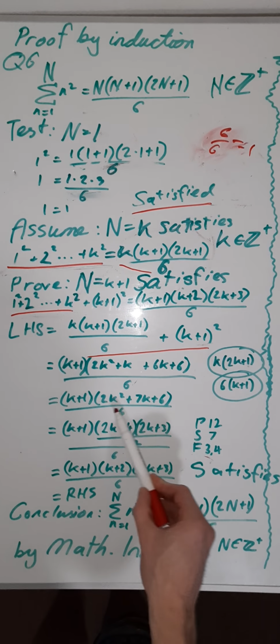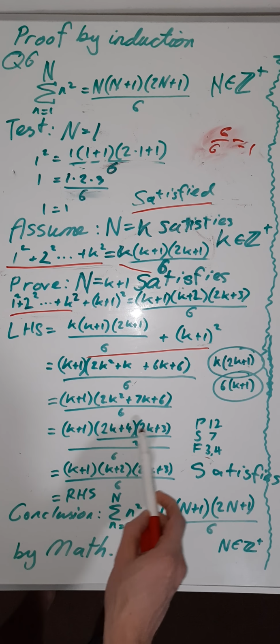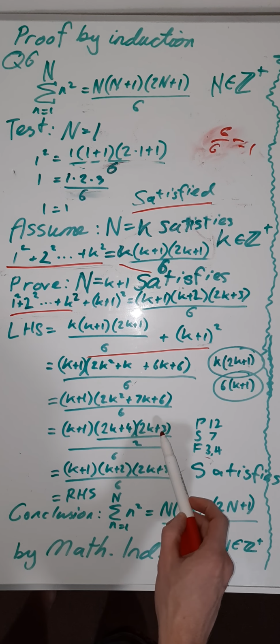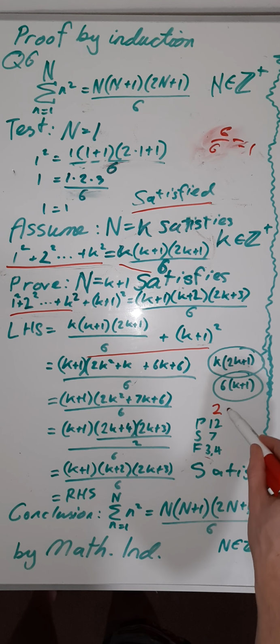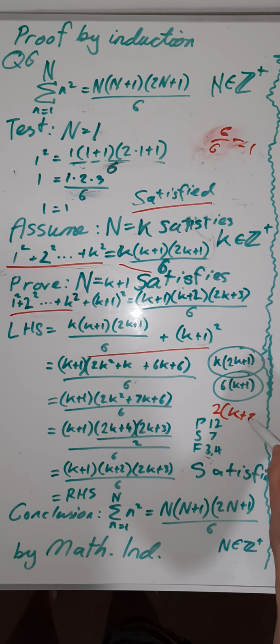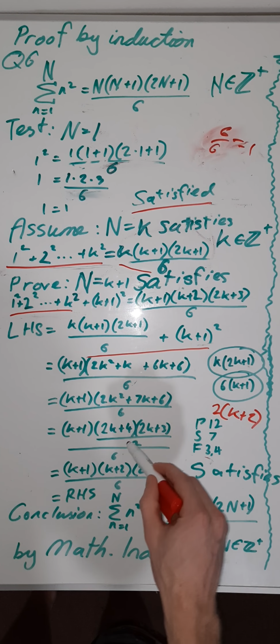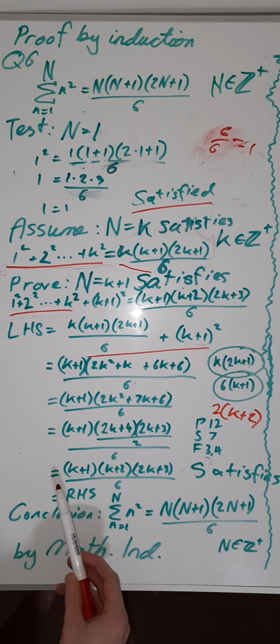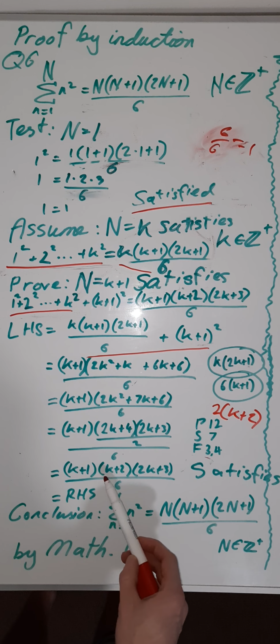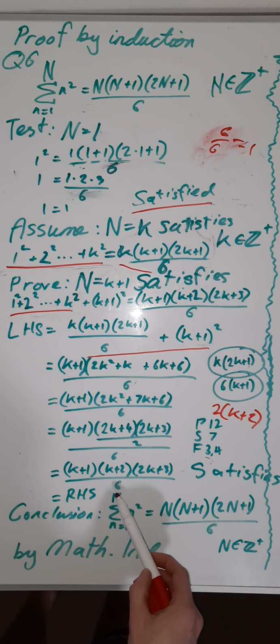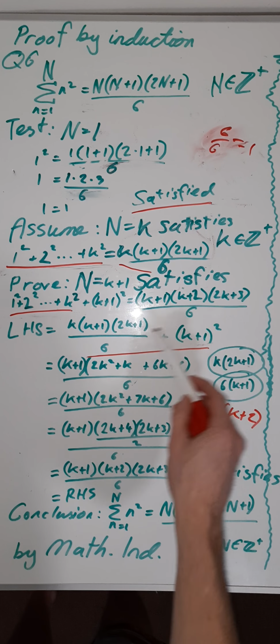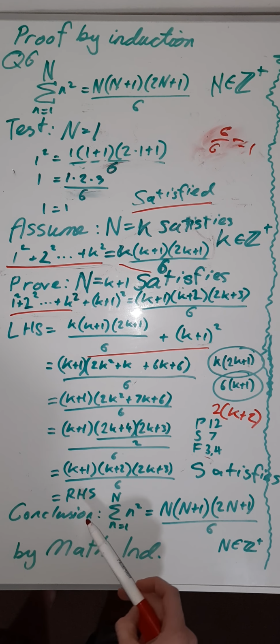We can factor this quadratic into this piece here. If we bring 2 outside of that bracket, we end up with this, and then those 2s will cancel. So then we're left with k plus 1 times k plus 2 times 2k plus 3, all over 6, which is our right-hand side. So it satisfies.